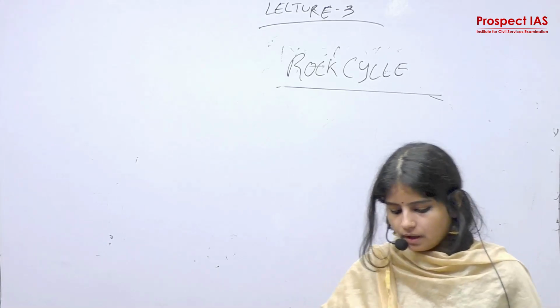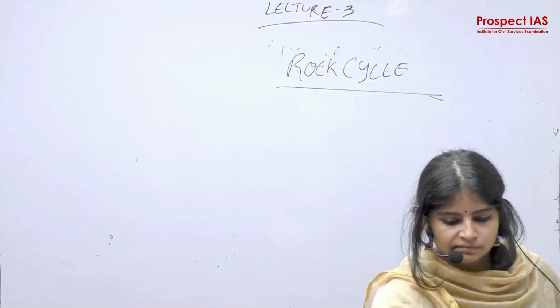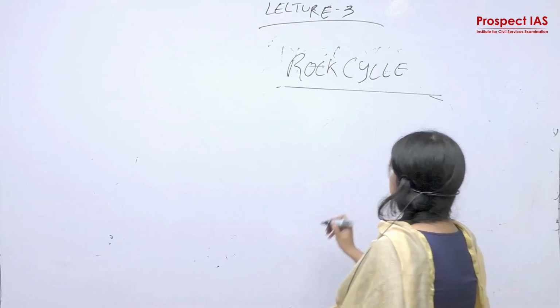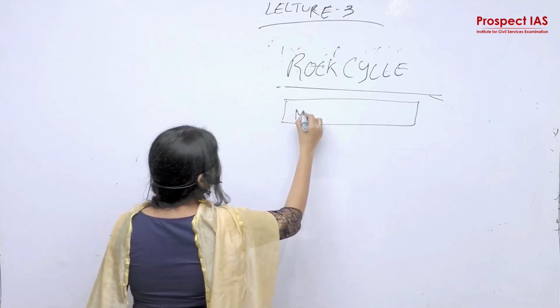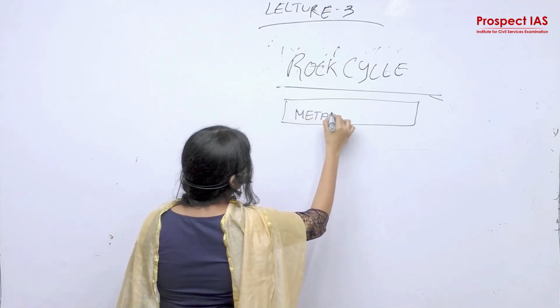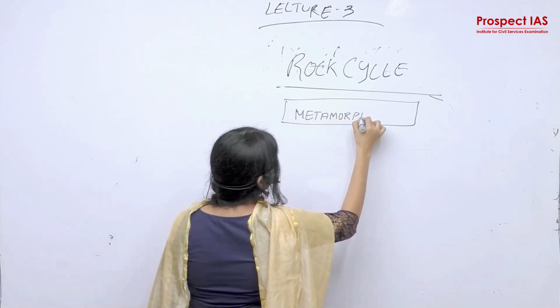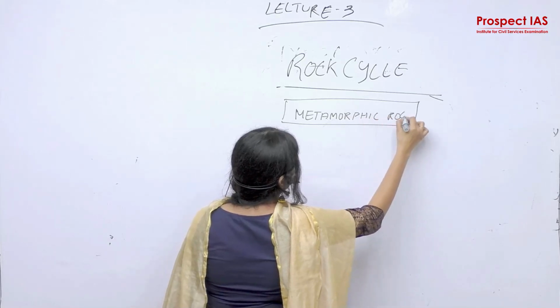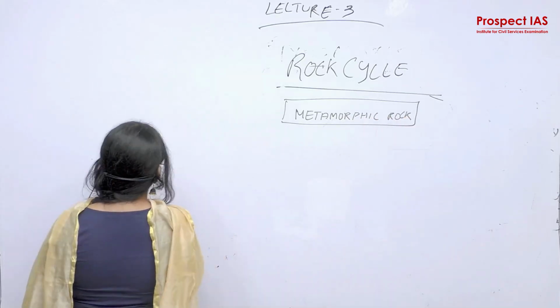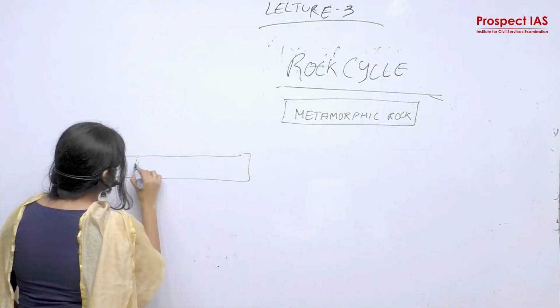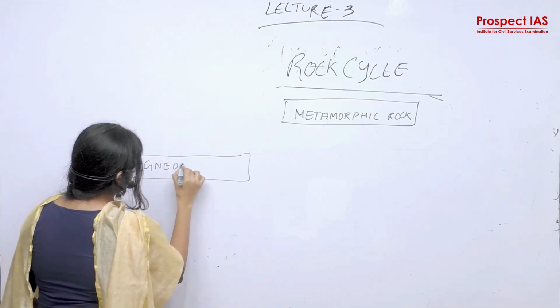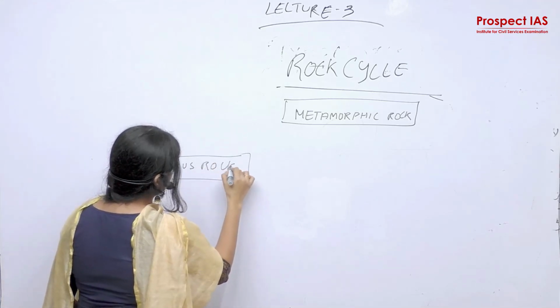So here I will draw the rock cycle. This is your metamorphic rock. Here you have igneous rock.